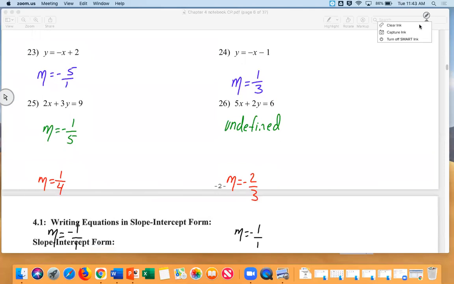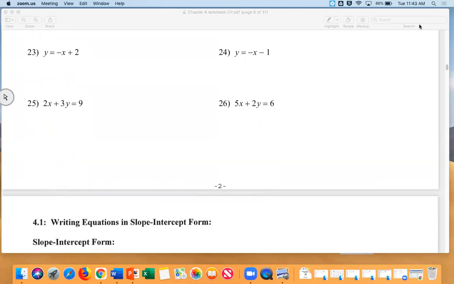All right. Let's look at 25 and 26. Grace, what's different about these two problems in comparison to 23 and 24?